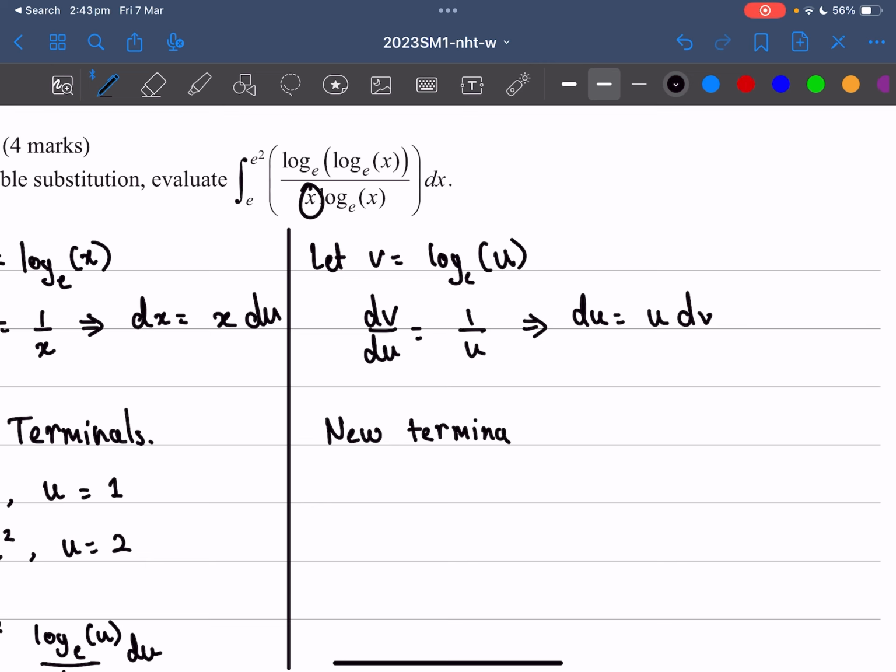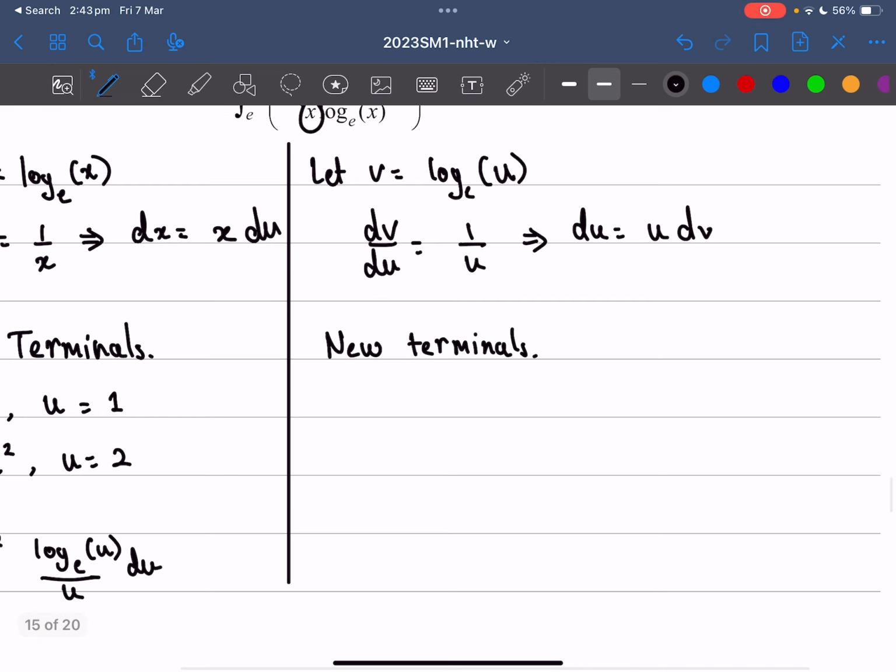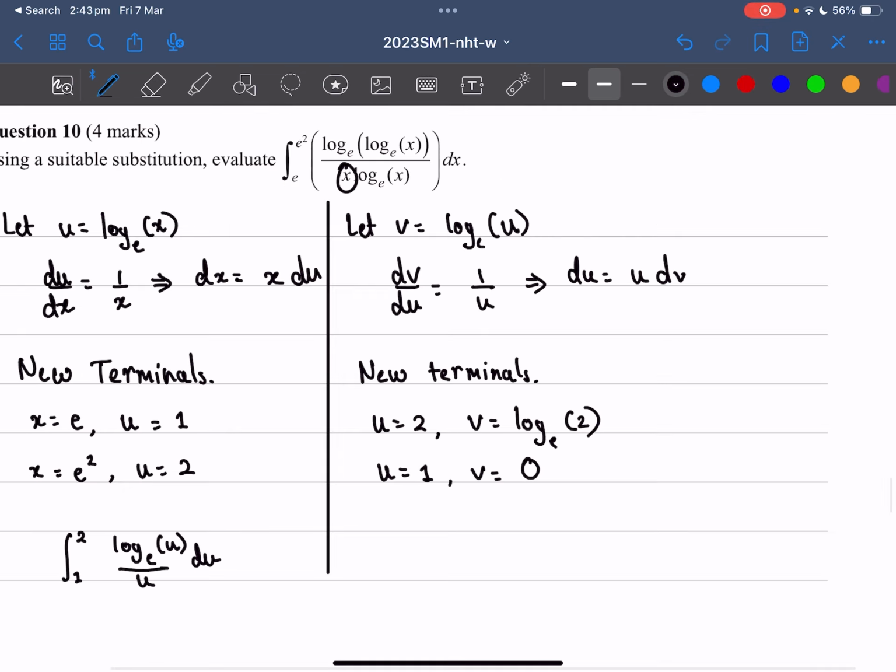So when u equals 2, what will our v equal? If I substitute u equals 2 in here, we'll get v equals natural log of 2. And u of 1 is going to give us log of 1, which is just 0. Okay?